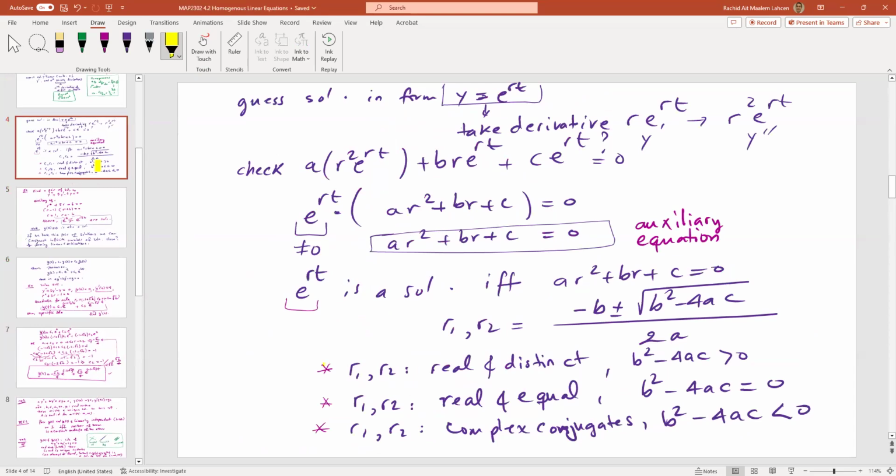Let's finish distinct real roots, then I will do the equal roots after this.